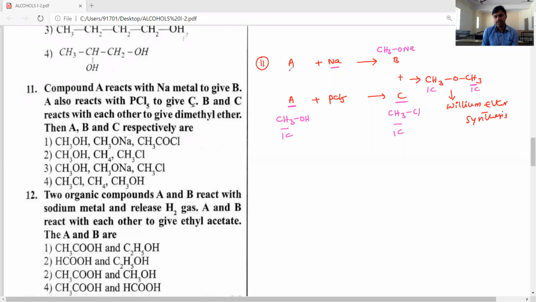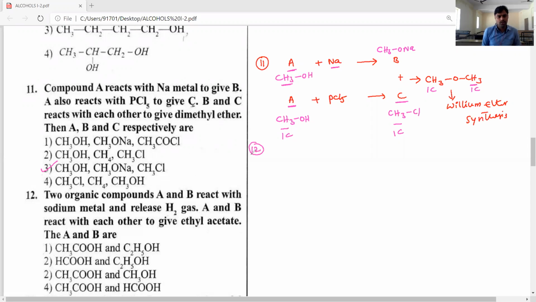So A is methanol, B is sodium methoxide and C is methyl chloride. The third option is correct. It's very, very important, this kind of conversions.